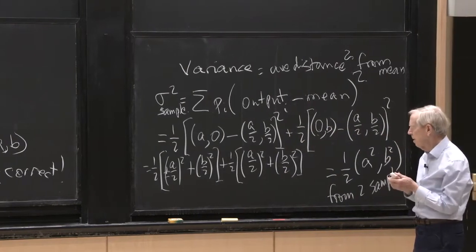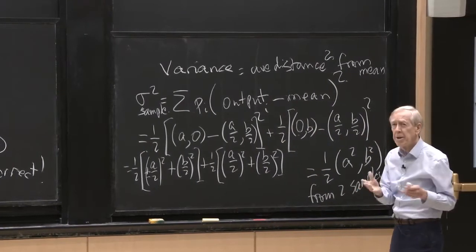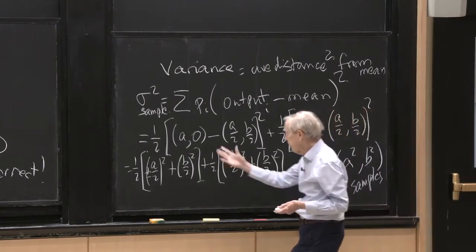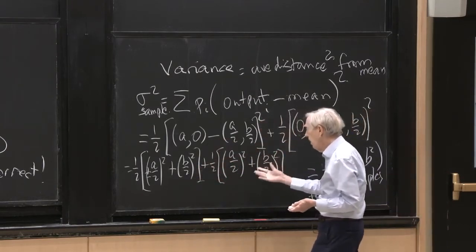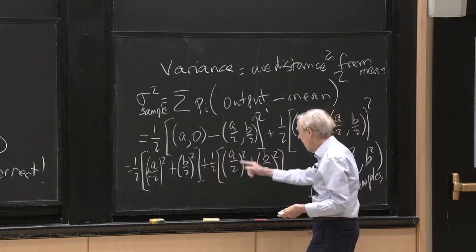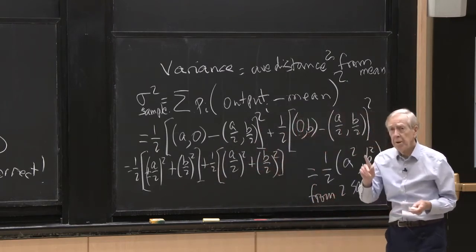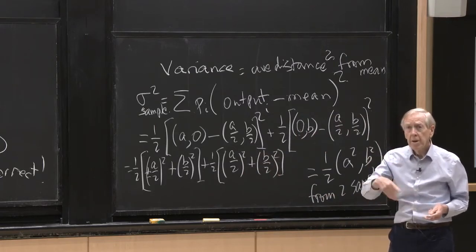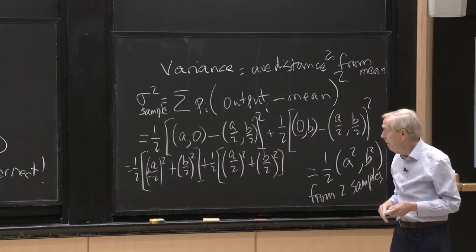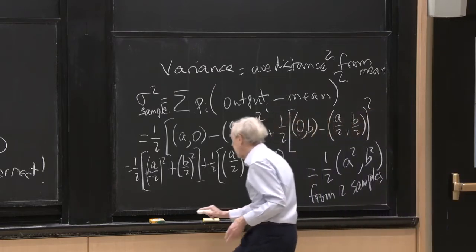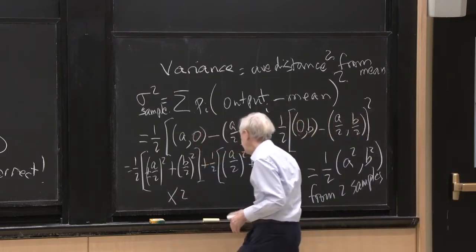Forgive me for this simple computation, but just to practice. So what have I got? I've got a half of that and half of that, so that adds up to a squared over 4 plus b squared over 4. But then I'm doing 2 samples. I have to multiply by the number of samples, so times 2 for 2 samples.